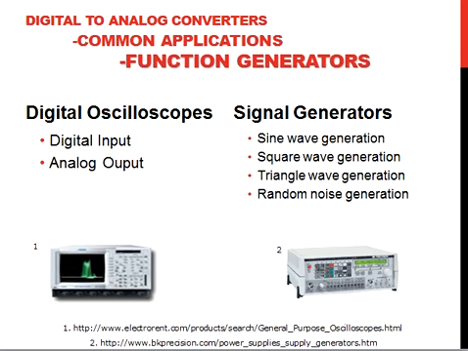Similarly, function generators such as the digital oscilloscope, where we see the analog outputs in the form of voltage and pulses, where the inputs are actually digital values. Similarly for sine wave generators or square wave generators and so on, these kinds of oscillating signals, where also the input is the digital signal which is converted into the analog value.